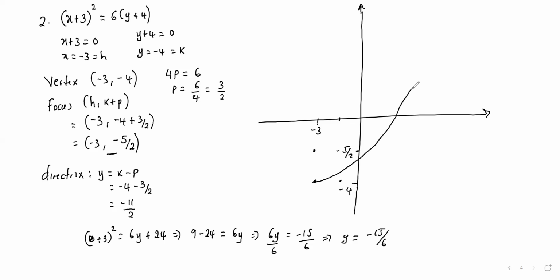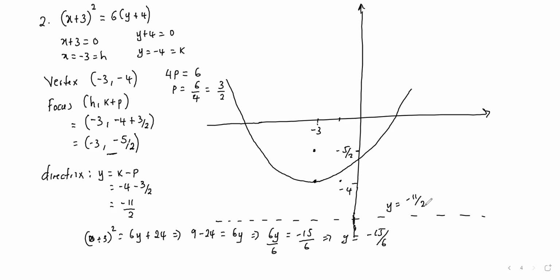So it has to be like that. And then this means that the directrix, which we got to be negative 11 over 2, is down here. So this is y is equal to negative 11 over 2.